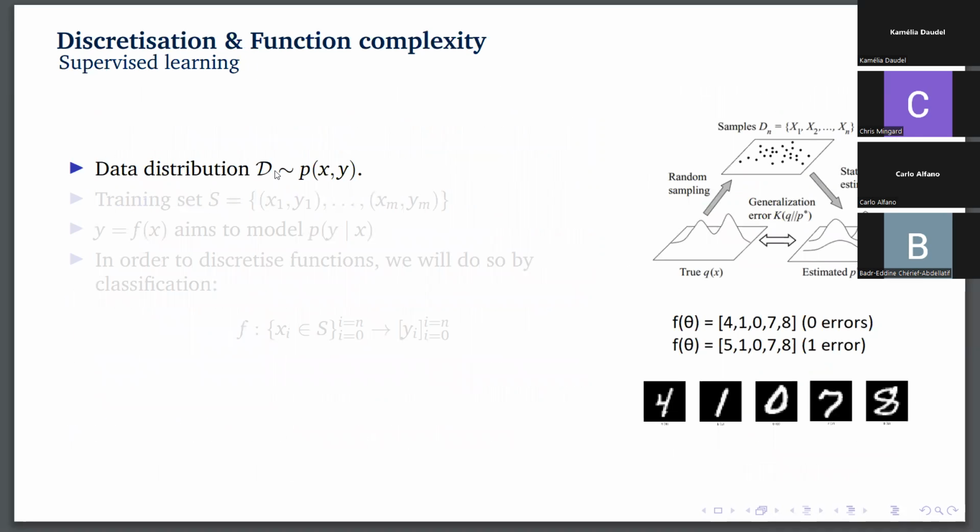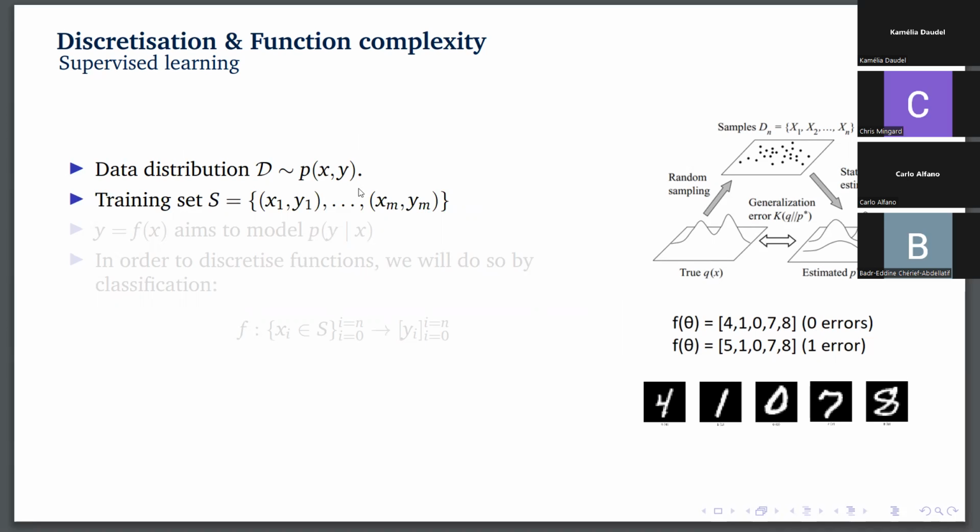And we can do this on large scale data sets. So for example, you have some data distribution D, P of X and Y. For example, X would be MNIST, so this D would be the MNIST data set. So the X would be some images and the Y would be some labels. And we can have different discretized functions where we represent the functions not by the raw values of the neural network output, but just by whether you are correct or not, like what classification do you give each of these labels?